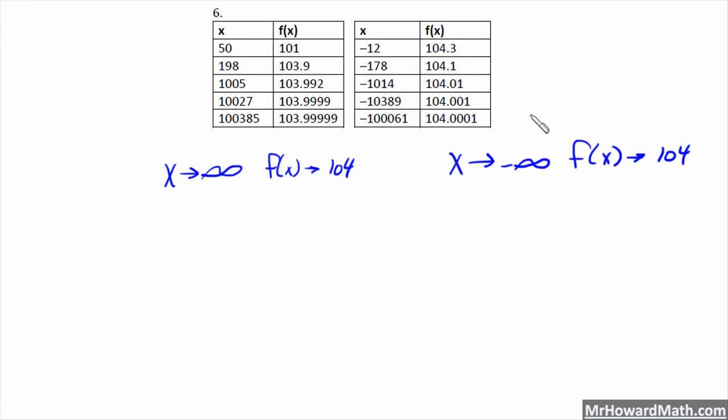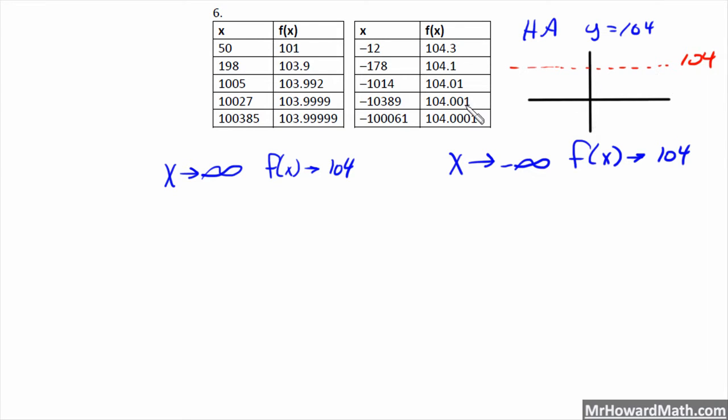So if we made a sketch of this, we would have a horizontal asymptote at y equals 104. So we'll put in a coordinate plane here. This is not necessarily a very good scale, but we'll make it work. So here's our horizontal asymptote at a y value of 104.